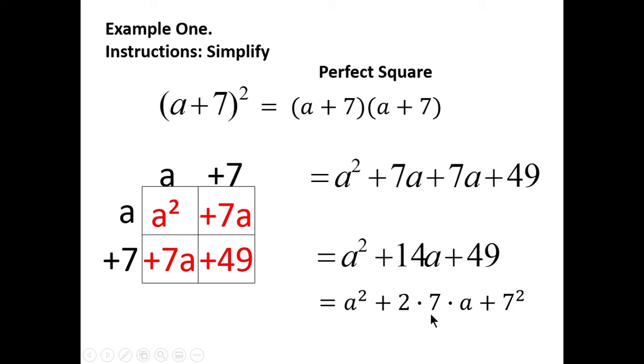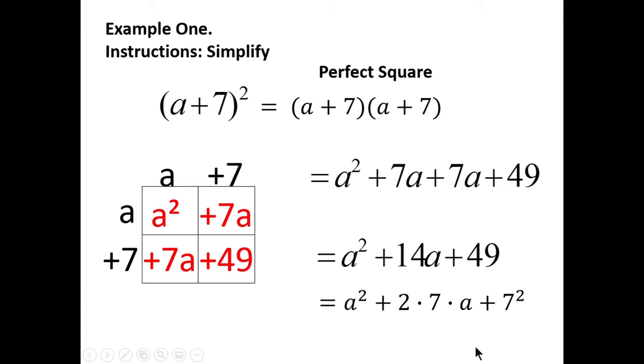That's always the case for a perfect square quadratic: the middle term is always 2 times whatever the number was inside your factor. And the last term, the 49, is always the number from inside your parentheses being squared. So 7 squared. So the 49 is 7 squared, and the 14 is 2 times 7. And that's always the case with perfect square quadratic equations.